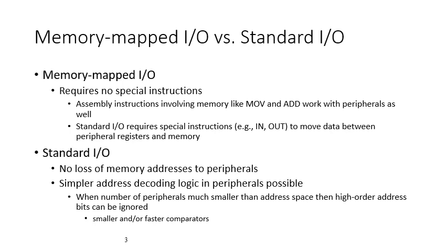When the number of peripherals is much smaller than the address space, the higher addresses can be ignored. This gives smaller and faster comparators, so as long as the peripheral requires less address space, we can compare quickly.